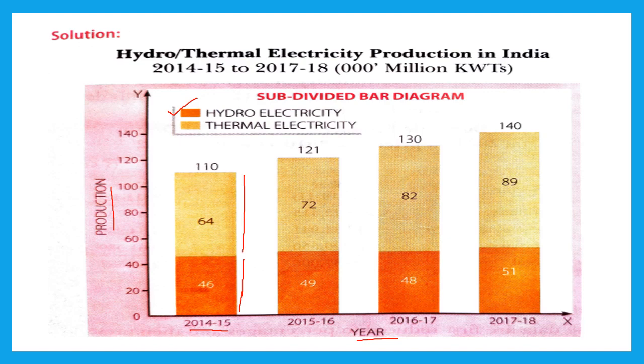So the total length, total height of the bar was 110. Similarly, during 2015 to 16, hydroelectricity production was 49 and thermal electricity production was 72. So the total length of the bar is 121. Okay. So this is the way how you will represent the data in the form of a subdivided bar diagram.